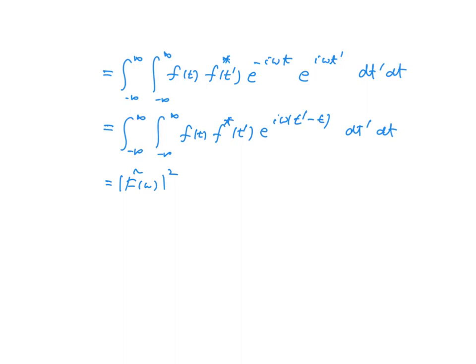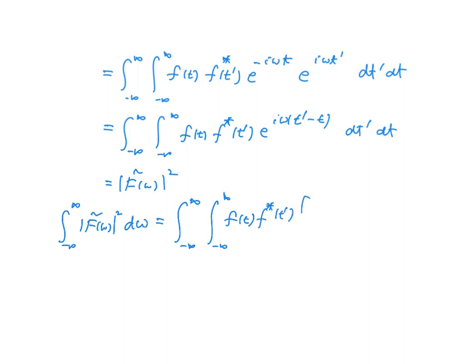So what happens if we integrate this Fourier transform from minus infinity to infinity d omega? Then let's conjugate t dash, exponential i omega (t prime minus t).